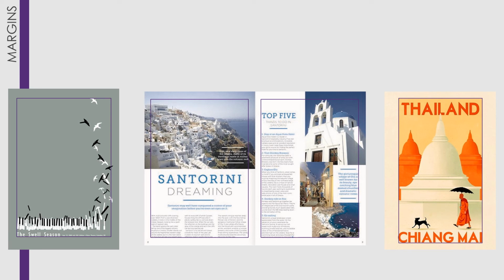And here I can draw the purple box on these different communications and highlight where the margins are. Again, you can see that the margins don't have to be the same all the way around, and the margins are your choice, whether you want large margins, small margins, but oftentimes you need some sort of margin for text.